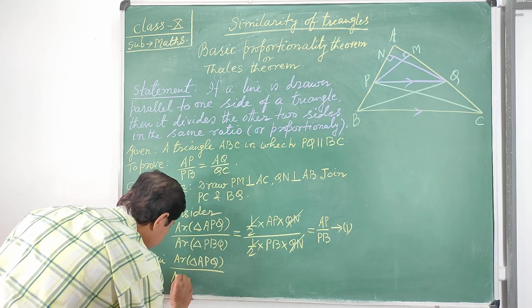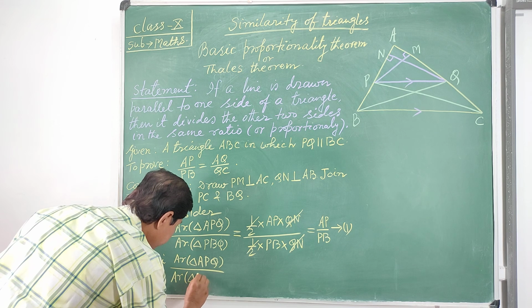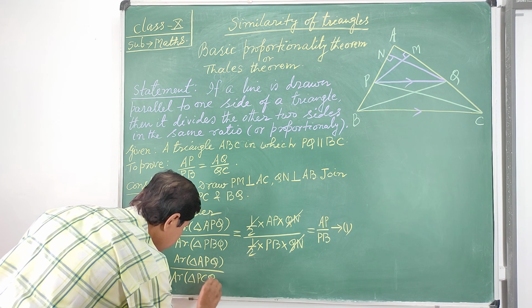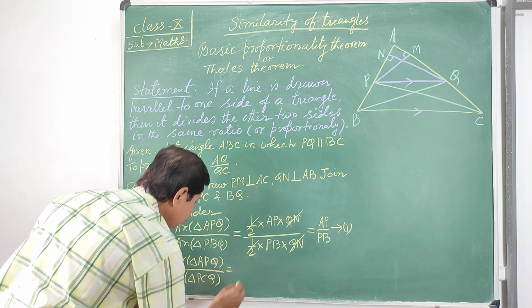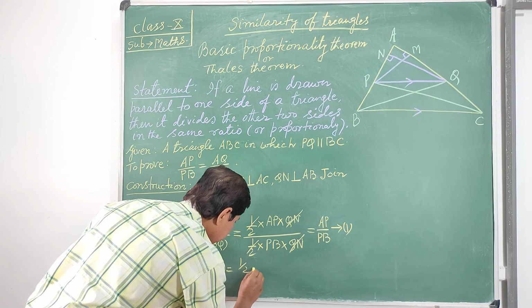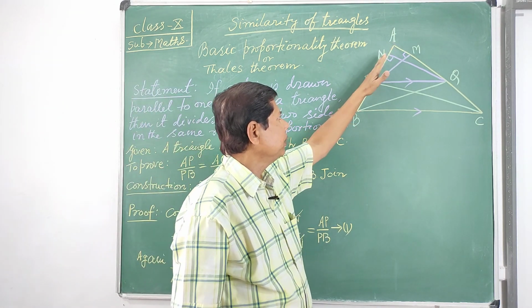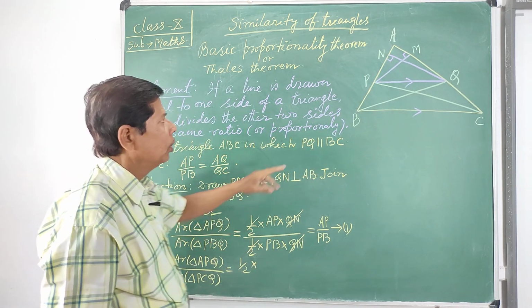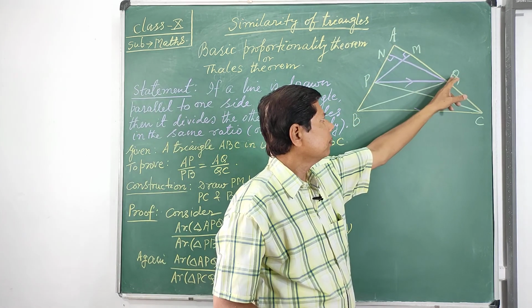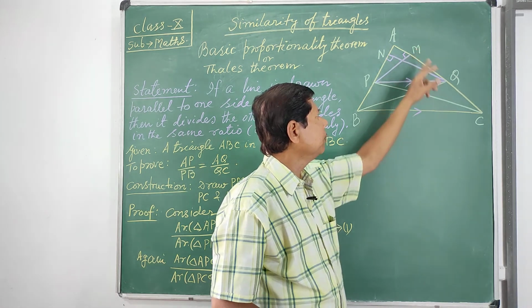Area of triangle PCQ is equal to half into base. Now instead of taking AP as the base as in the first case, we shall consider AQ as the base, then the perpendicular will be PM.